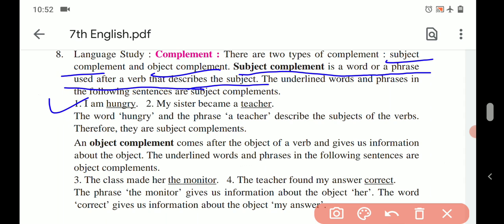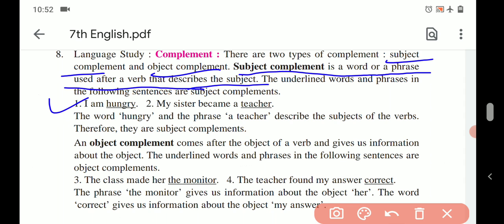First example, I am hungry. Here in this sentence, the verb is am, and after the word am there is another word, hungry, that is giving information about the subject I. So the word hungry is underlined, and that is the subject complement.